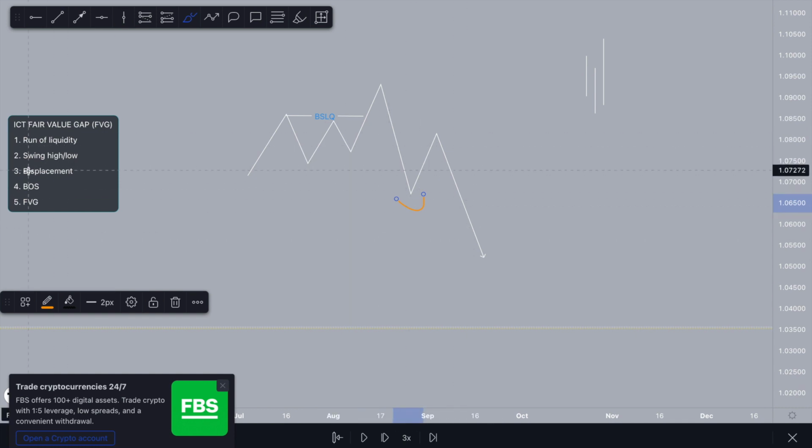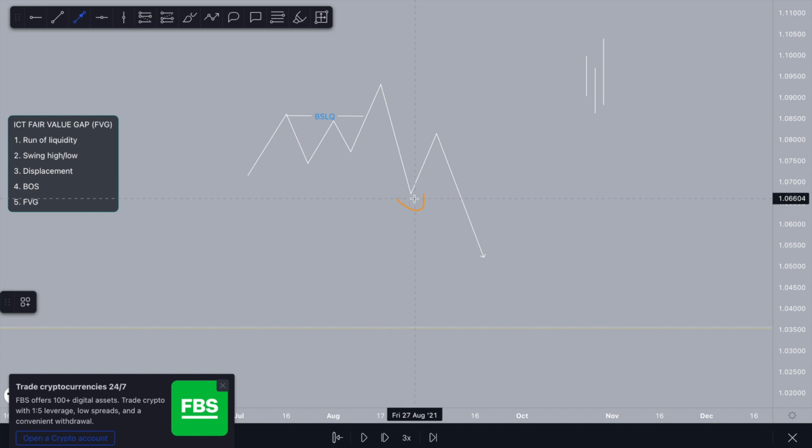After that, we will look for a displacement. Displacement is basically a powerful move which causes the market structure shift. After the swing low, we have a powerful move to the downside at this area. That's our displacement.